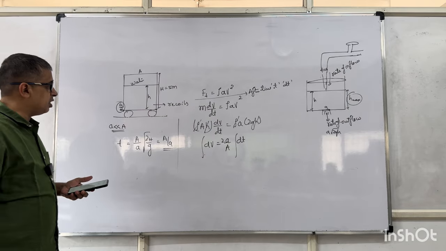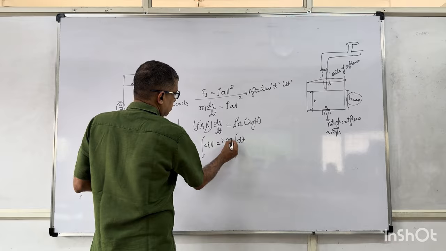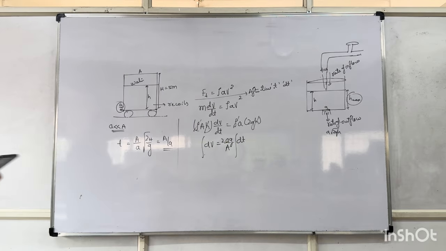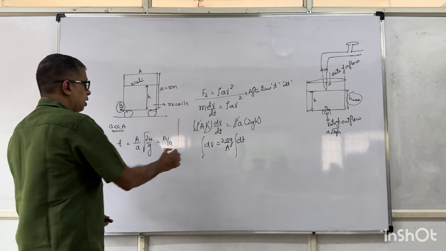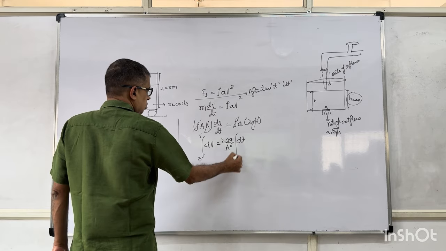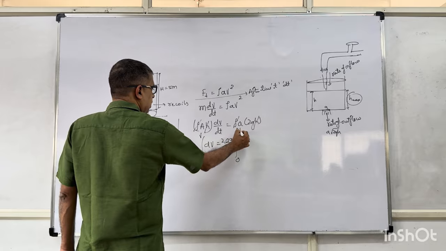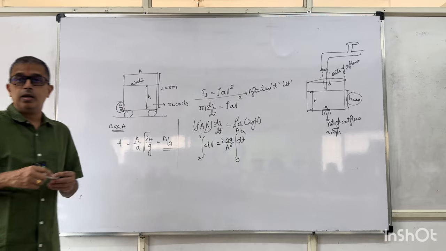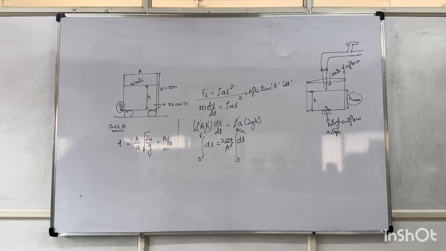Where did I forget g? It seems there is a g here. I leave it to your fine judgment. Initial velocity is 0, integrate from 0 to t, 0 to V. T will be capital A by small a. Huh? 20 meters per second.